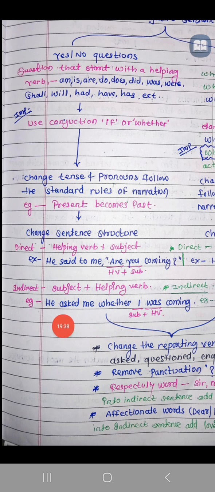I say, "Sir, Shivam asked me whether I was coming." So in yes-no type questions, first you pick up the subject, then the helping verb.